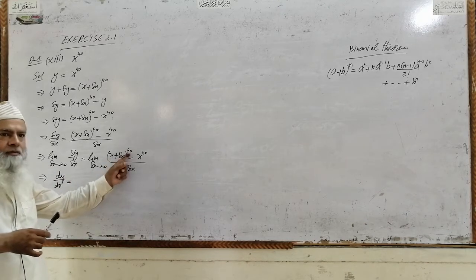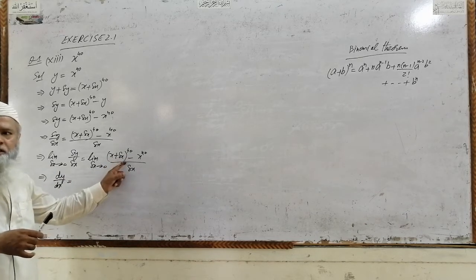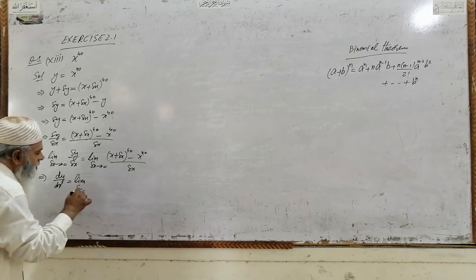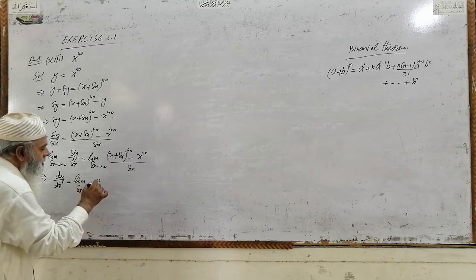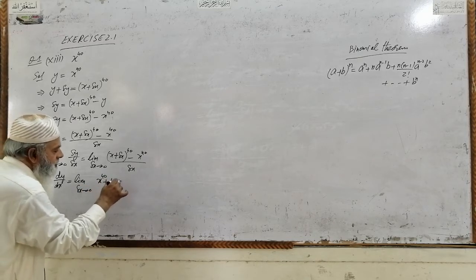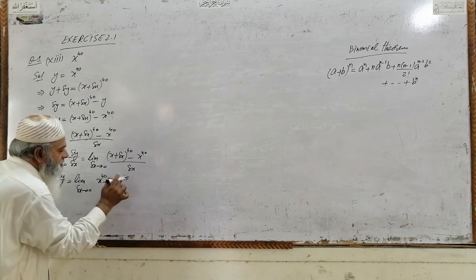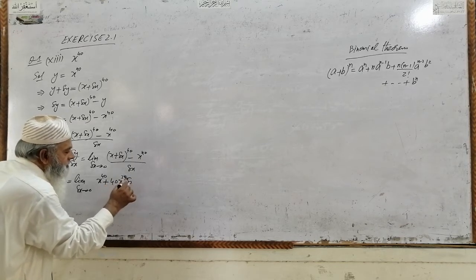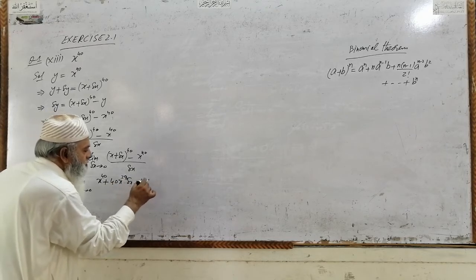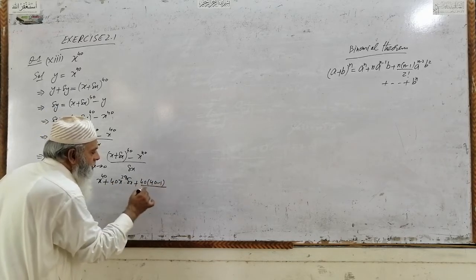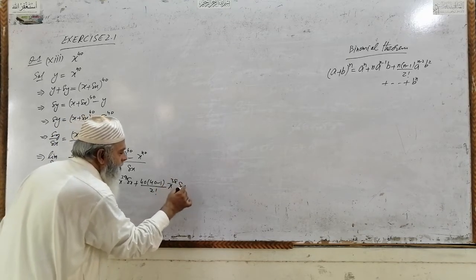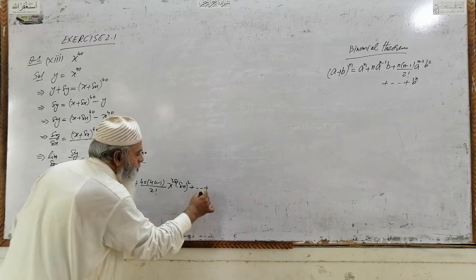Now turning to the problem here. Here n is 40, a is x and b is delta x. Obviously, applying this binomial theorem here, what will happen? x raised to 40 plus 40 x raised to 39 into delta x, and then 40 into 40 minus 1 over 2 factorial x raised to 38, and obviously delta x square, and so on.